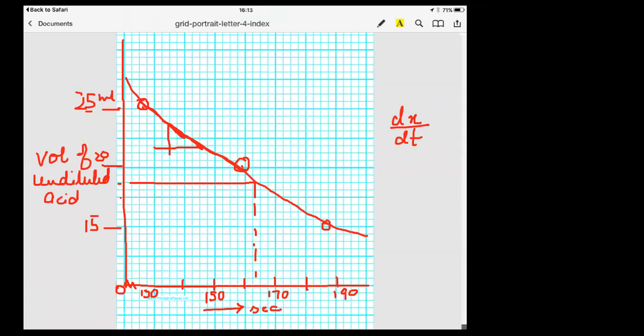So it is not necessary that all the children doing the experiment get the same value. But what you have to do is plot a graph for the volume of undiluted acid versus the time taken for the magnesium strip to completely disappear.